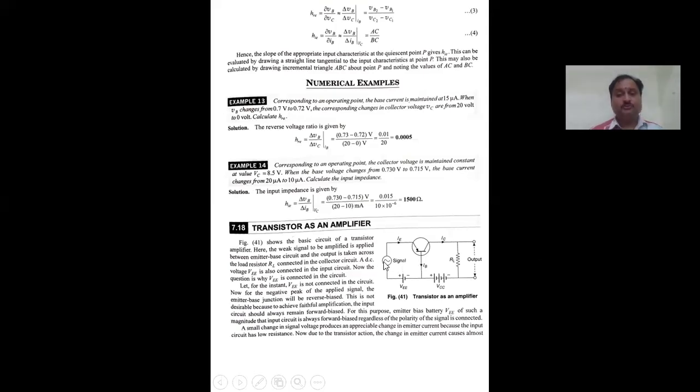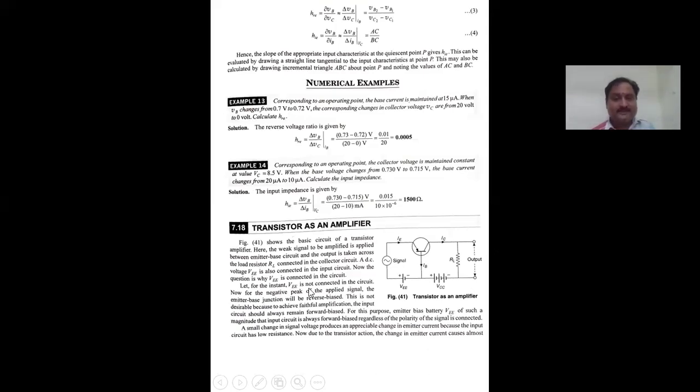High means positive. We are giving positive to this value. We get output must be low. When we give negative peak, that means low value, reverse biased value, the output must be high.